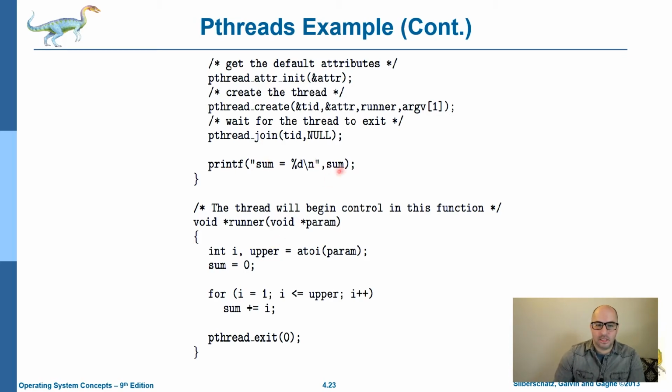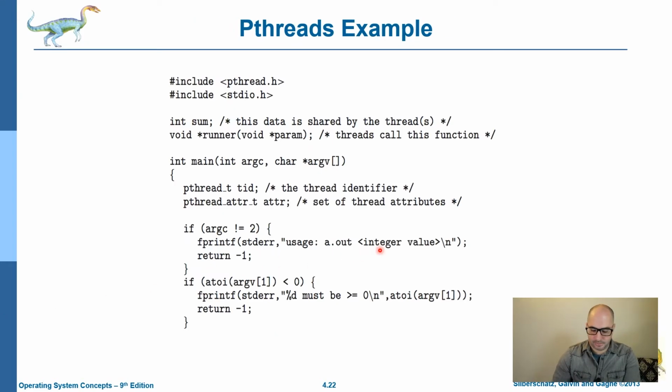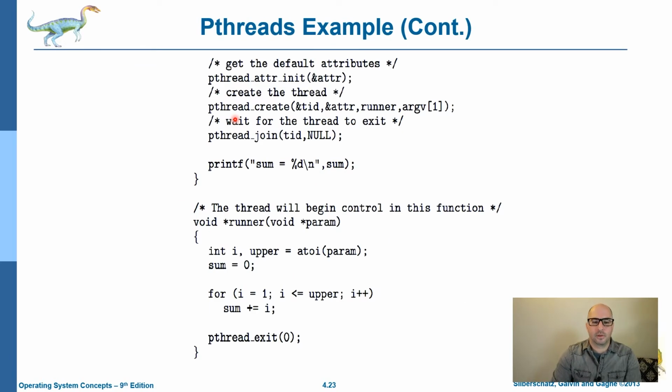Sum is used in both the first thread and the second thread, which was our global data. So we're sharing that global data. We're sharing the same source code because we've written it in the same file. But there's no IPC necessary to do so.